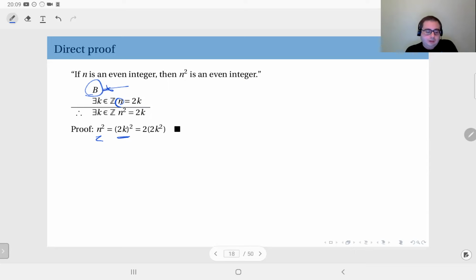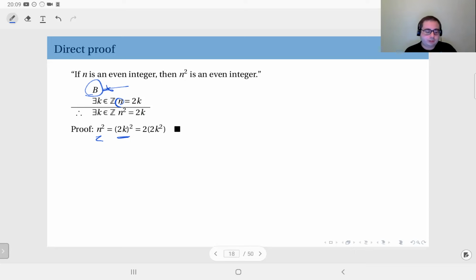Let's say, for instance, the set of integers is closed under multiplication is one piece of knowledge we are using here. So if you multiply two integers, what you obtain is an integer. It's essential in this proof, but I'm not explicitly stating it.